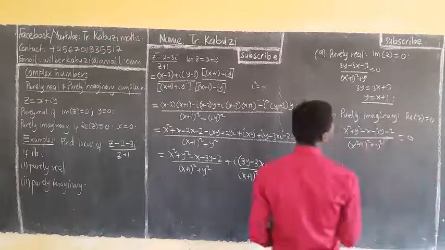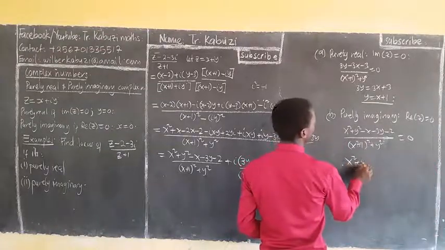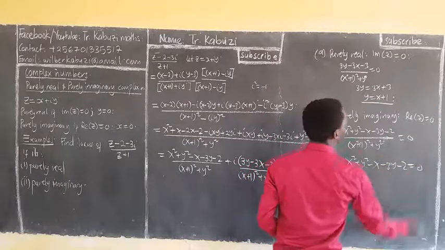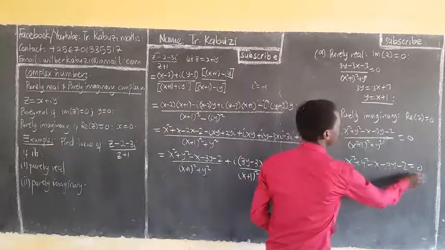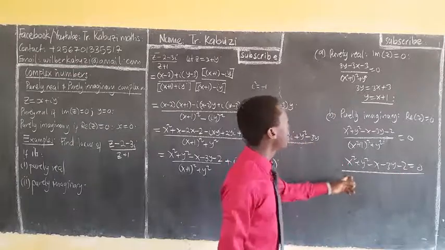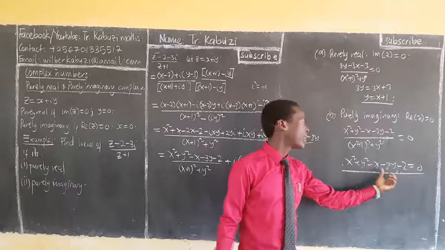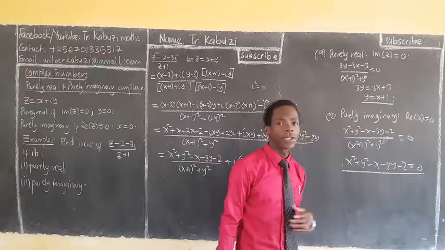So in the first multiply, we have x squared plus y squared minus x minus 3y minus 2 equal to 0. And members, this is a circle. So the locus here is a circle, the locus there is a line. You can go on to describe its center and the radius as we saw in the previous video.